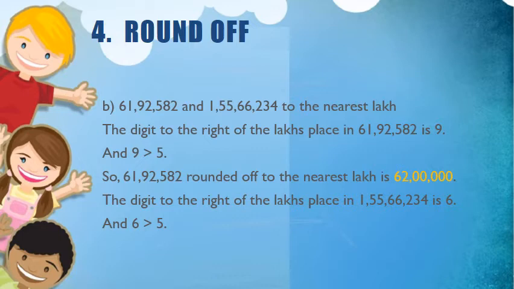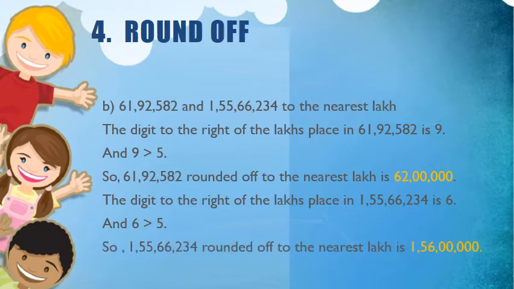Therefore, we are going to add 1 to the digit at the lakhs place, which is 5. So 5 plus 1 is equal to 6. And then we will replace all the digits to the right of the lakh place by 0. So, 1,55,66,234 rounded off to the nearest lakh is 1,56 lakh.